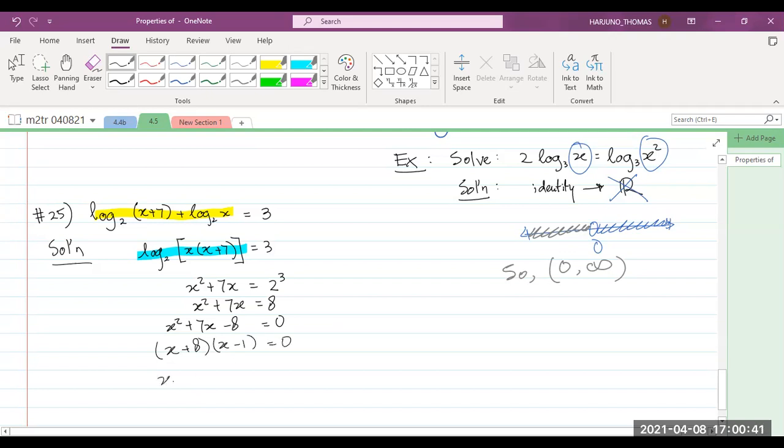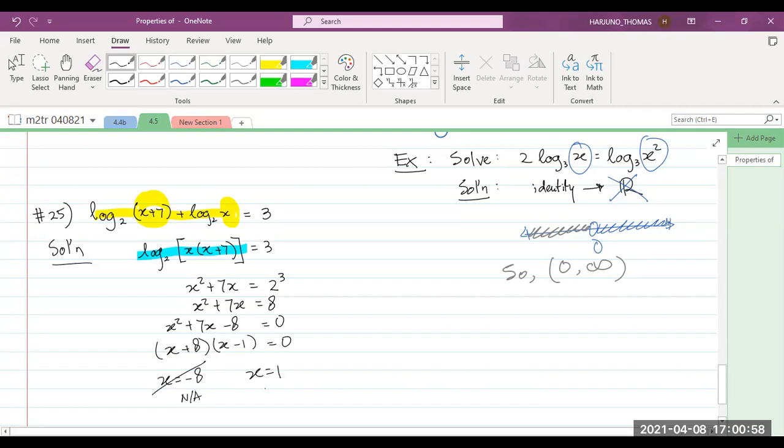So we get x equals -8, x equals 1. When x equals -8, notice that it will make this part negative and this one also negative, so I have to cancel this.